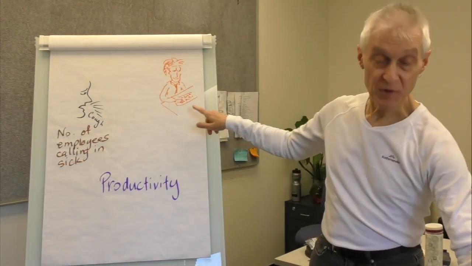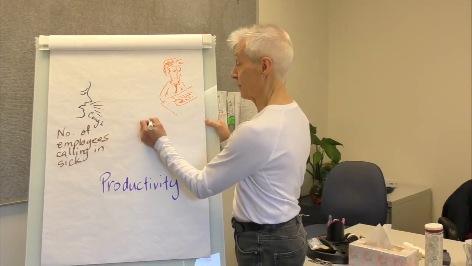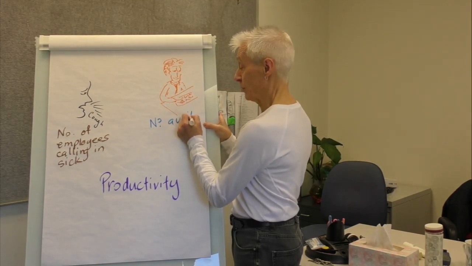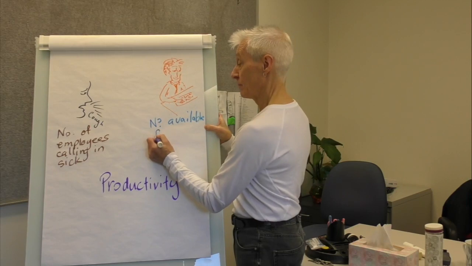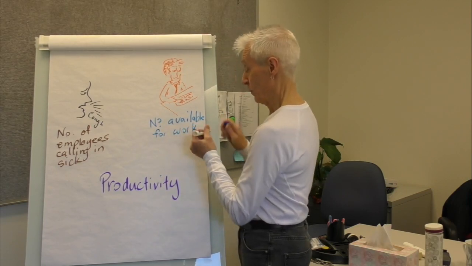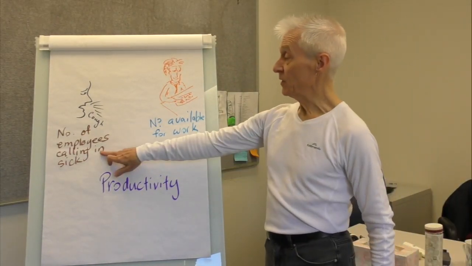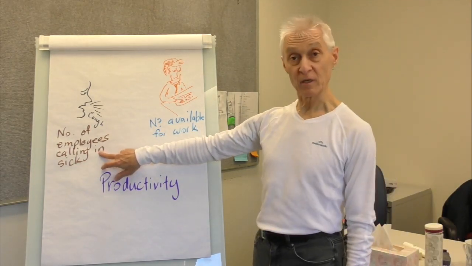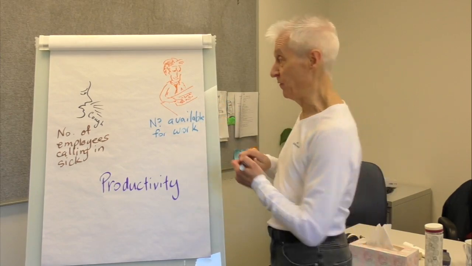And over here we'll put the number of employees available for work. So immediately we could see that the number of employees calling in sick has to affect the number of people available for work.